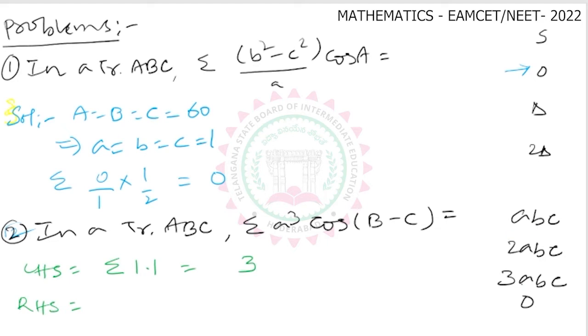Whereas in the third option, a equal to 1, b equal to 1, c equal to 1, means 3abc is equal to 3 into 1 into 1 into 1, which gives me 3. So this is satisfying the given problem, that is the LHS. What is the given question? Sigma a cube into cos of B minus C. It's a basic thing. Therefore, both are the same. Therefore, my answer is the third option.